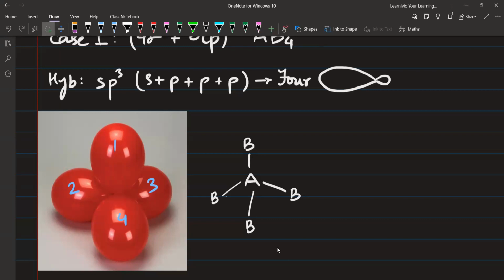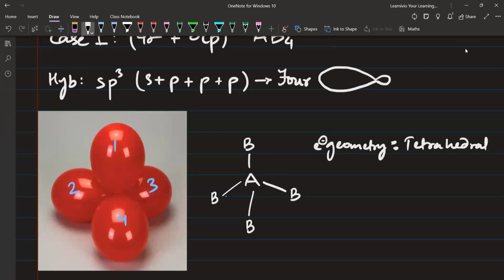I don't know. But because it is going to have four faces, that is why this type of geometry will be known as electronic geometry. Electronic geometry will be tetrahedral. The molecular shape will also be tetrahedral.